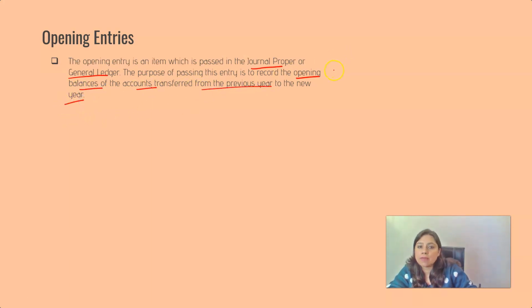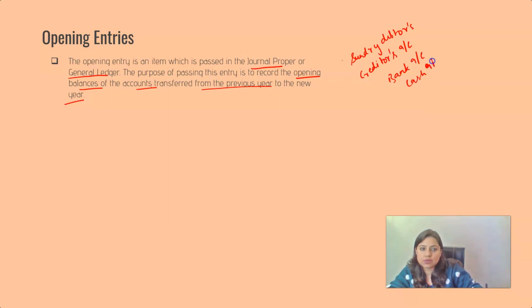Such balances could be, for example, sundry debtors balance, creditors account balance, bank account, cash account, fixed assets or intangible assets or current asset accounts.